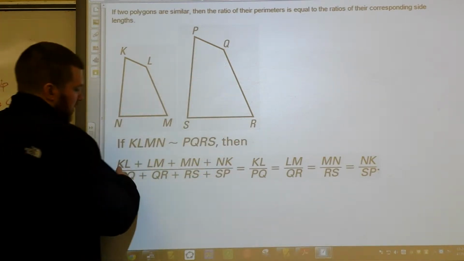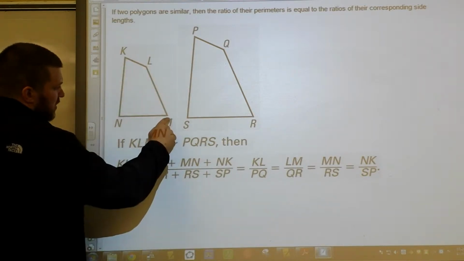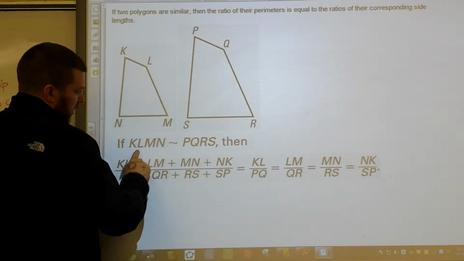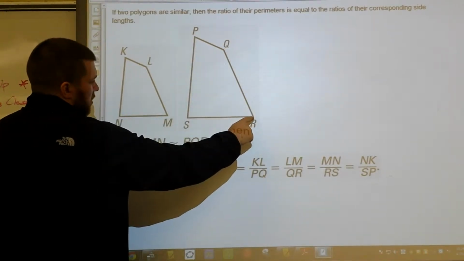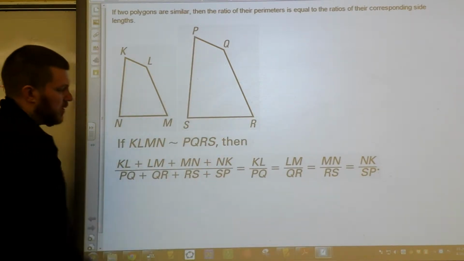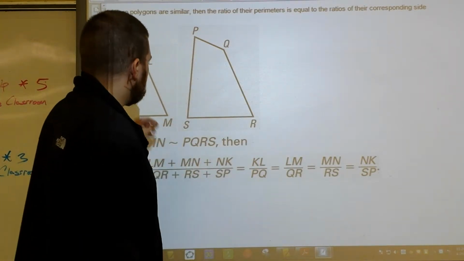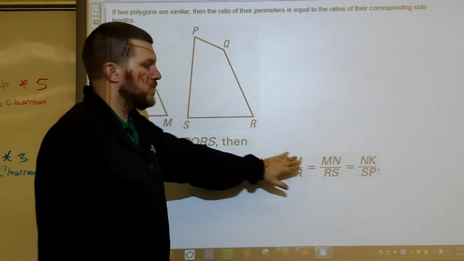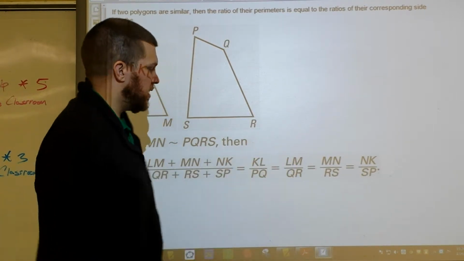Then I find the perimeter of the first quadrilateral, KL plus LM plus NM plus NK, and that goes on top, divided by the perimeter of the second quadrilateral, PQ plus QR plus RS plus SP. This makes a ratio that's equal to the ratio of the corresponding sides. For instance, if I compare KL and PQ, these two fractions would be exactly equal. The corresponding fractions are equal to the perimeter ratio.